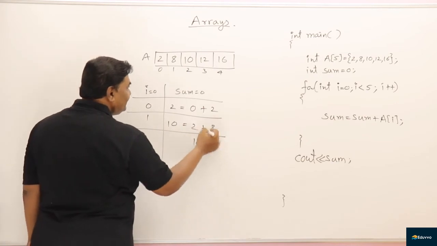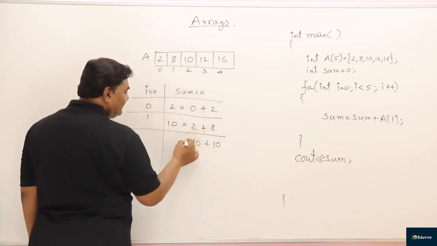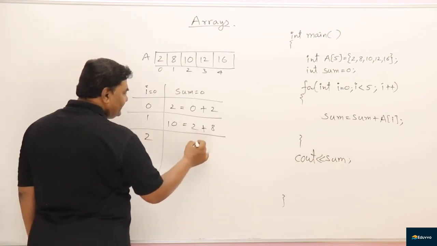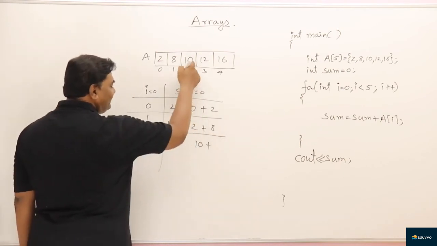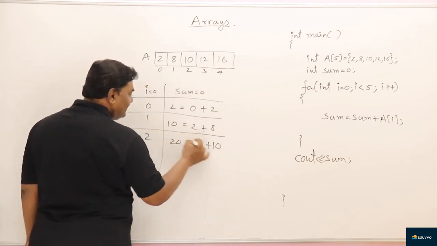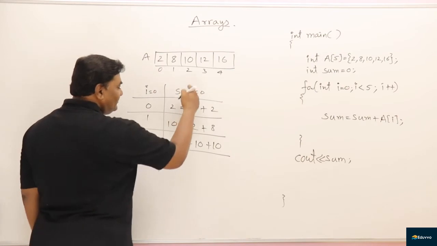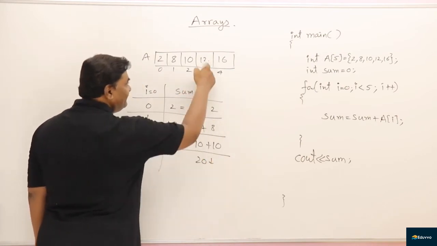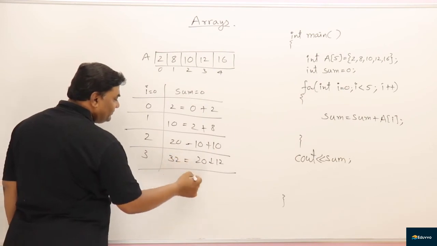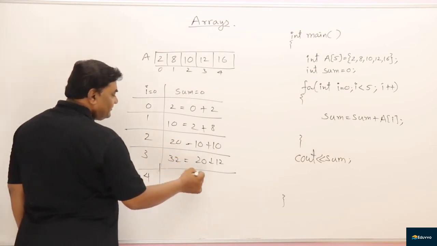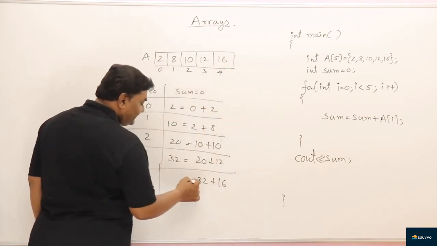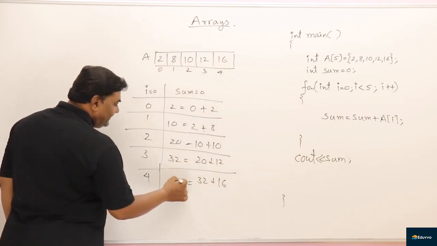Then the next is 2, so 10 plus this 10, a of 2, is added and the result is 20. Then next is 3, so 20 plus 12 is added and the result is 32. Next I is 4, so 32 plus 16 is added, and this becomes 48.